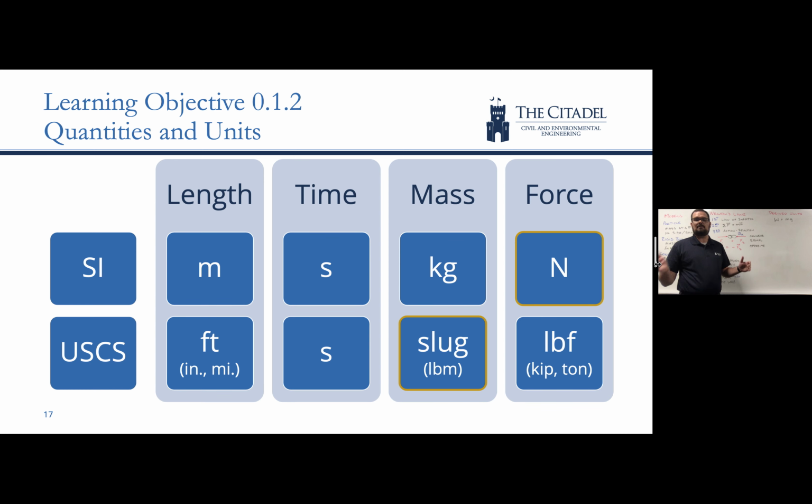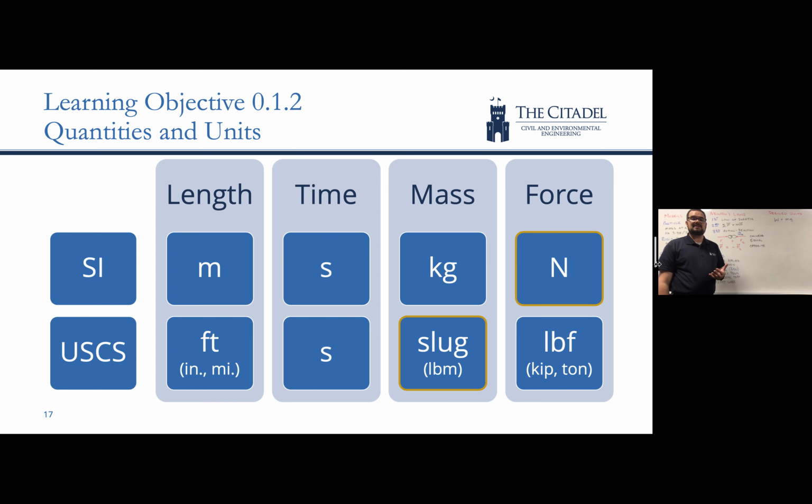Sometimes we'll use inch or miles if we need either smaller or bigger than feet. SI and US customary both use the same unit for time. Praise the Lord for that. Seconds are seconds everywhere. When we talk about mass, SI gives us the kilogram, and US customary units gives us the slug. And then when we talk about force, so again, that push or pull as a concentrated force is going to use either newtons or pound force.